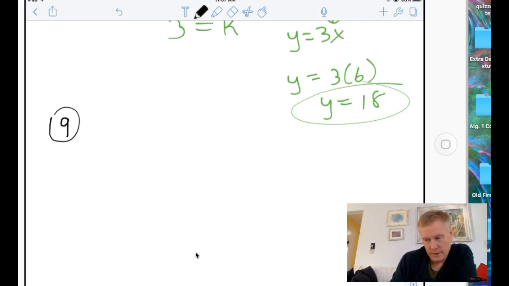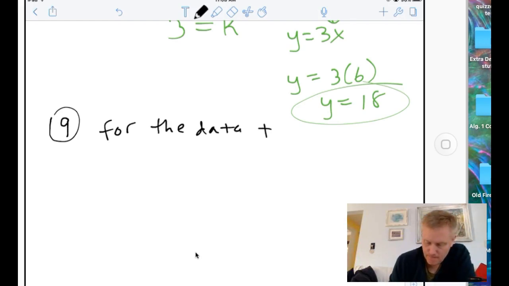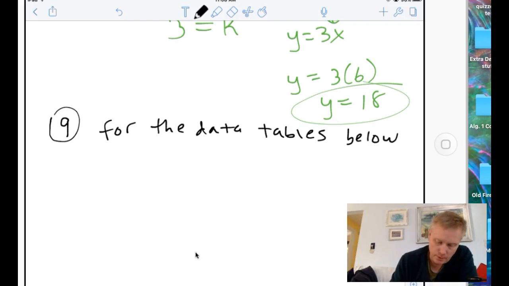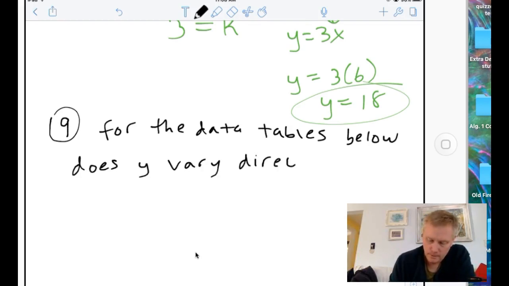Question 9. For the data tables below, does y vary directly with x?